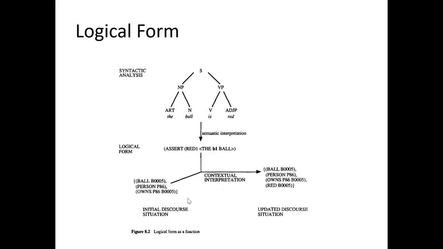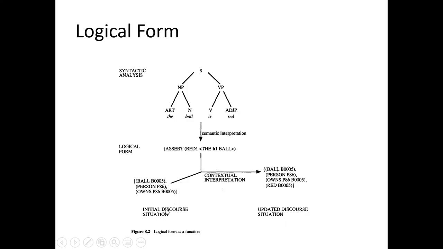We have seen this type of structure, it represents the same. So you have syntactic analysis, logical form, then contextual interpretation. Here also the context can be of different phases.